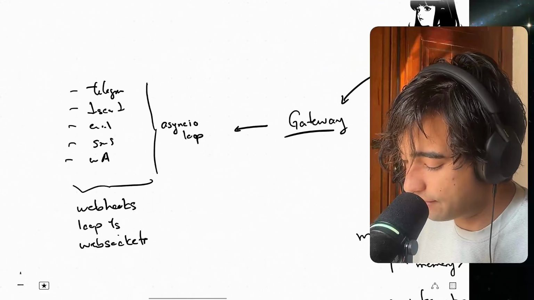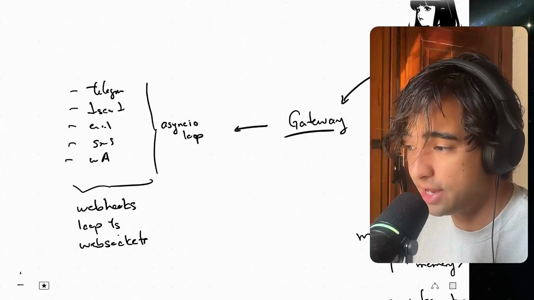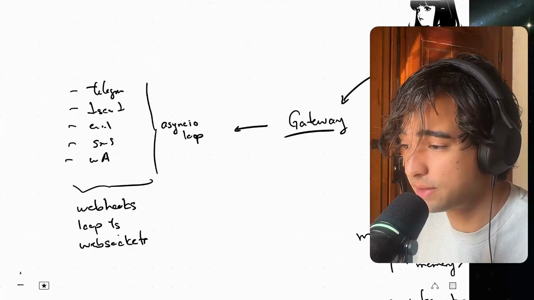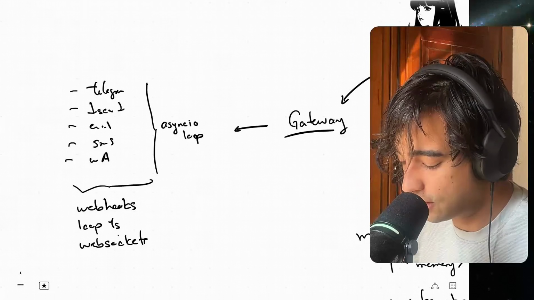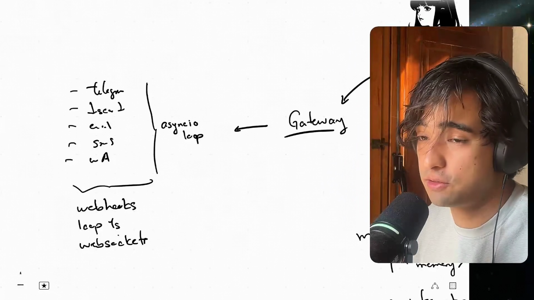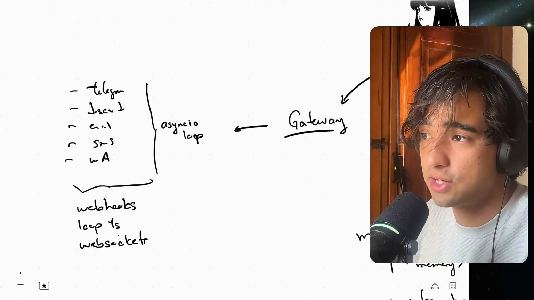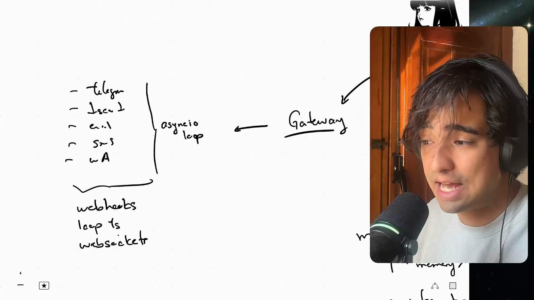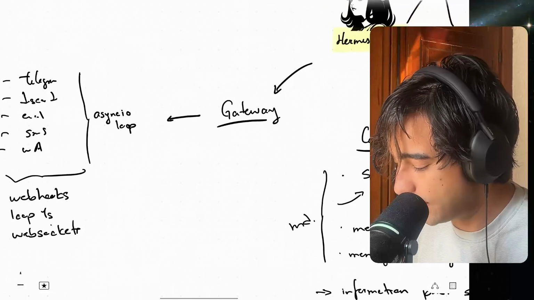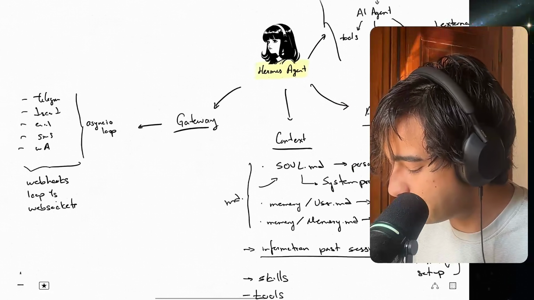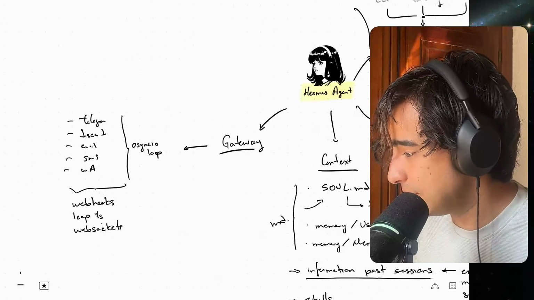And this, of course, happens when you do Hermes setup gateway, and then you set it up for Telegram, for example, and then you create your bot ID, and then you create your user IDs that are going to be allowed to communicate with your Hermes agent, etc. So that is what happens right here.